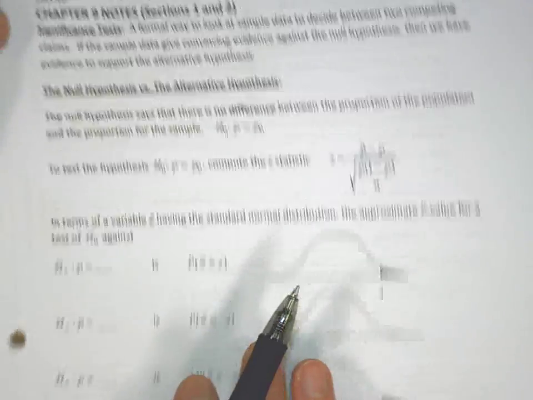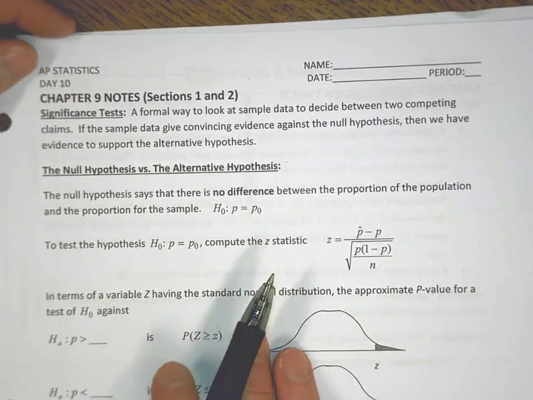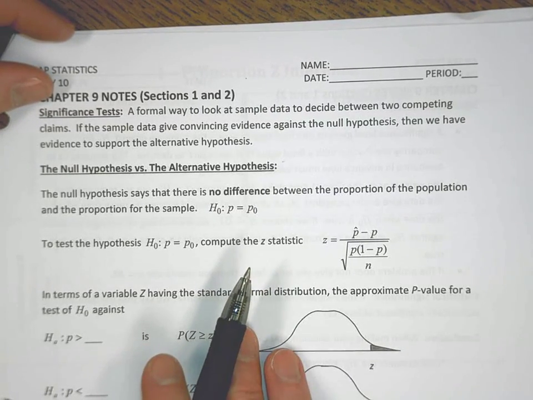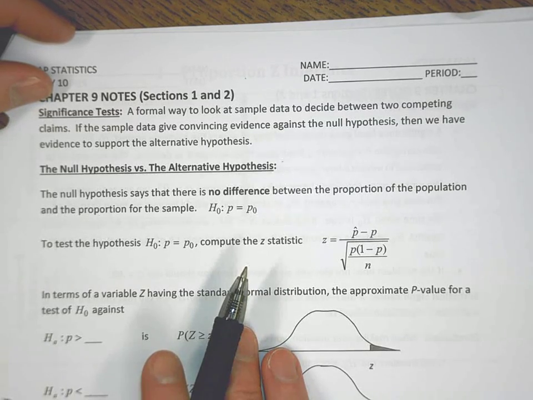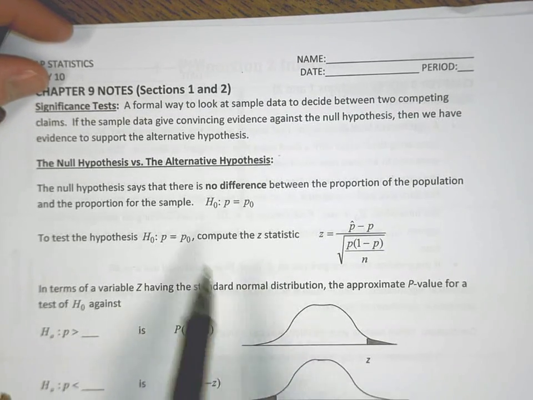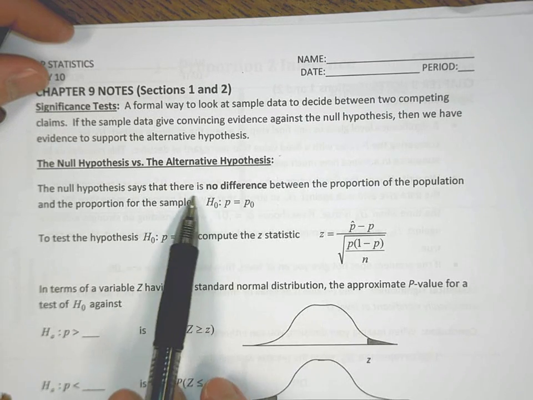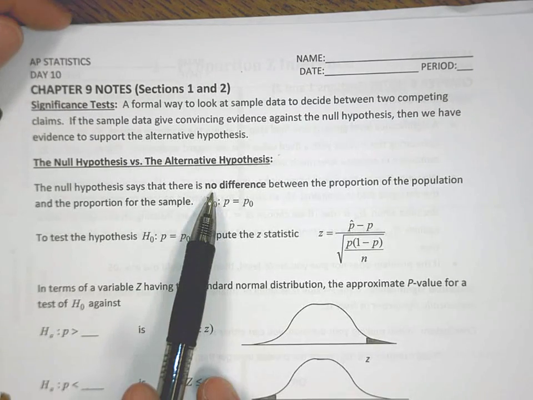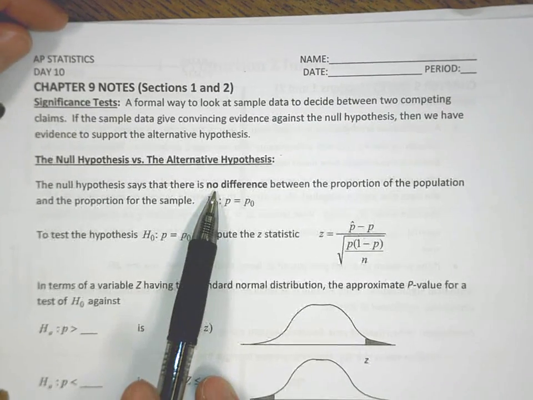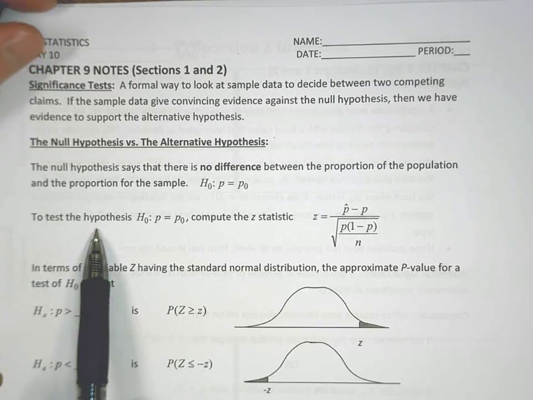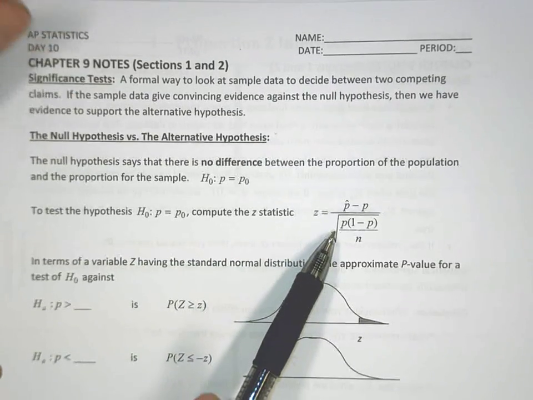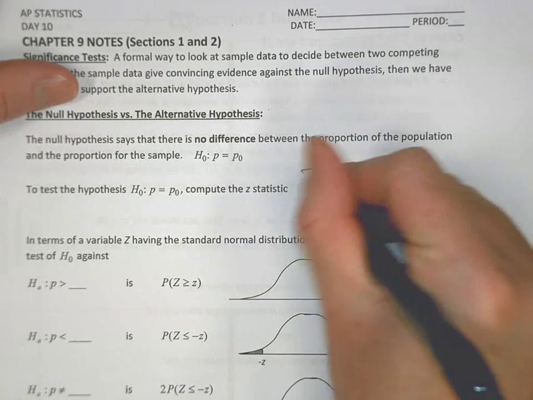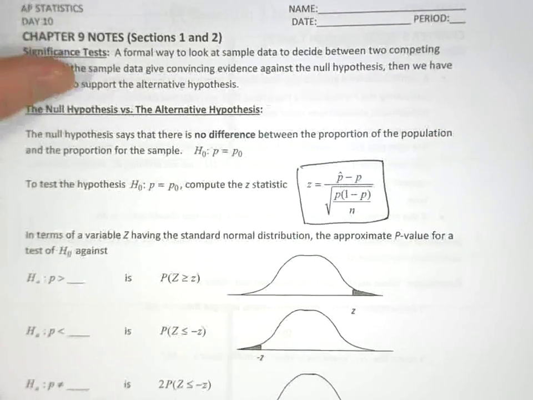All right, so significance tests in general, it's a formal way to look at sample data to decide between two competing claims. If the sample data give convincing evidence against the null, then we have evidence to support the alternative. The null hypothesis versus the alternative: the null always says there's no difference, that everything is just fine the way the population says it is, that there's no changes. To test the hypothesis, we're going to look for our Z value, and there's an actual formula with the symbols plugged in for those of you that love the formula.